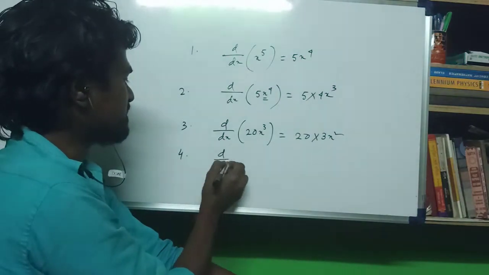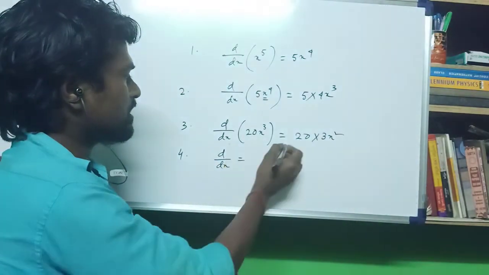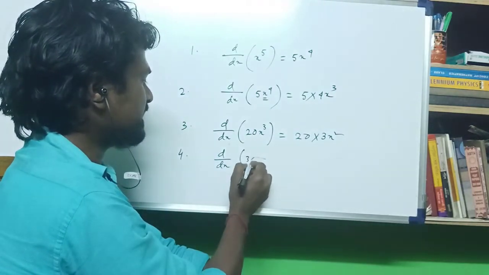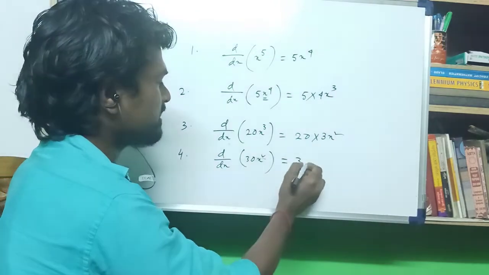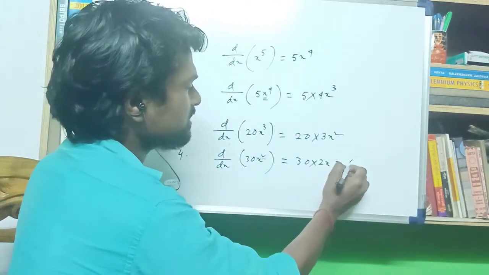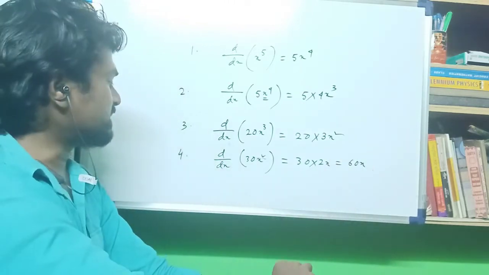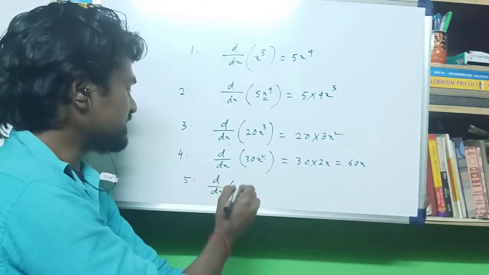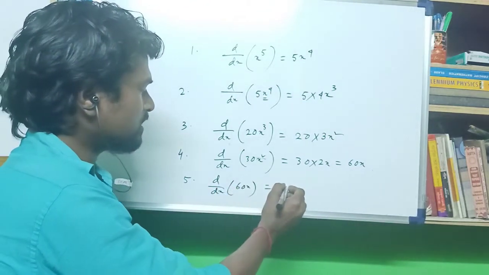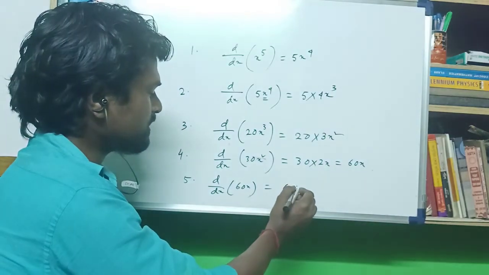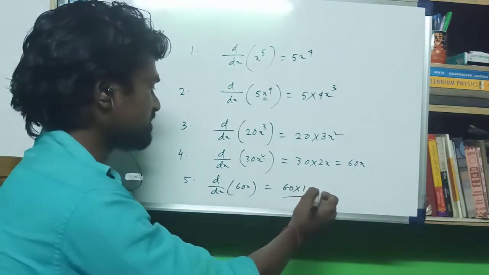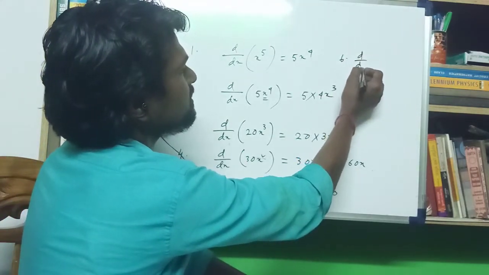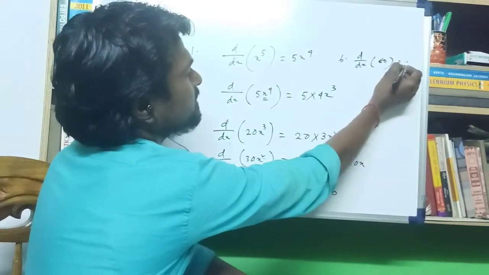Again, if we take the derivative, 20 into 3 means 60, d/dx of 60x square... actually 60 into 2x, so this is 120x. Again d/dx of 60x is equal to 60 into d/dx of x, which is once, so this is 60. And if we take the last one, d/dx of 60, it gives the result 0.